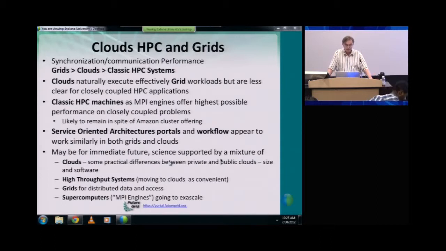If you look at the trend, you see clouds are going to be important. That's why we're here. High throughput systems have been very important and will continue to be important because they do provide cost-effective computing. And we're still going to need grids, because of all this data I mentioned, the data deluge, that data is always distributed.